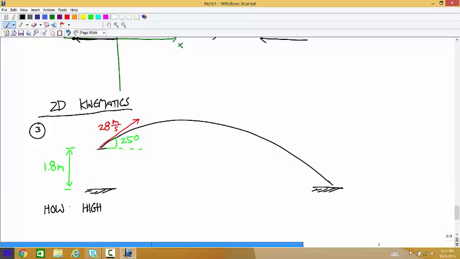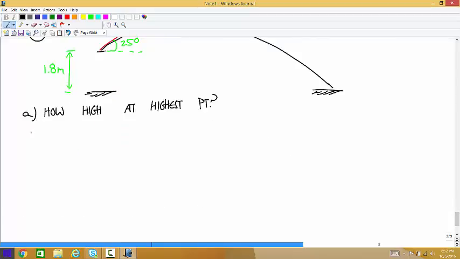The first thing we want is how high is it at the highest point? Then we want how far has it traveled horizontally when it gets to its highest point?